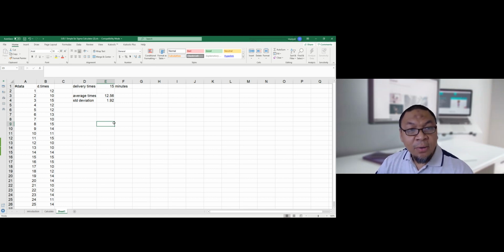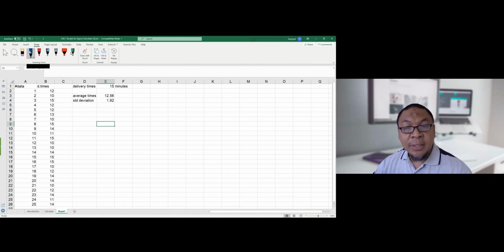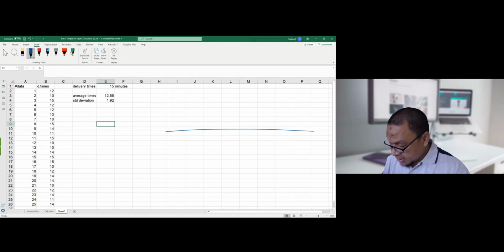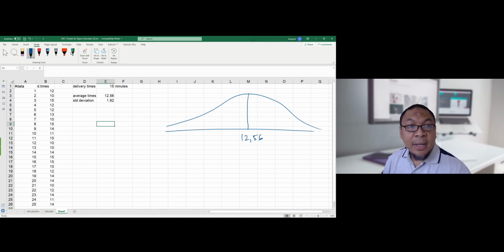What next is I will draw the normal distribution to reflect this data. The center is 12.56 minutes, and then our maximum time is 15 minutes.